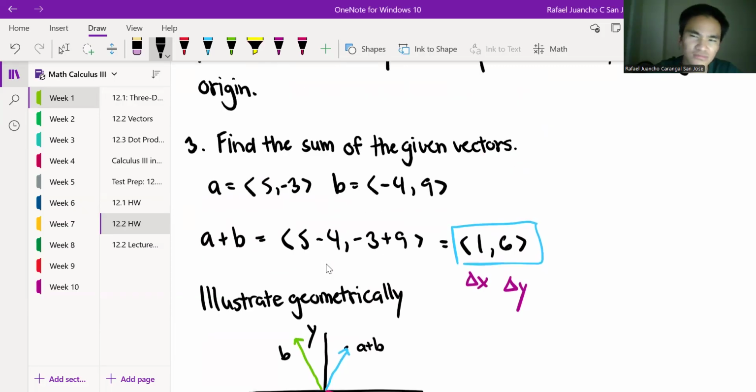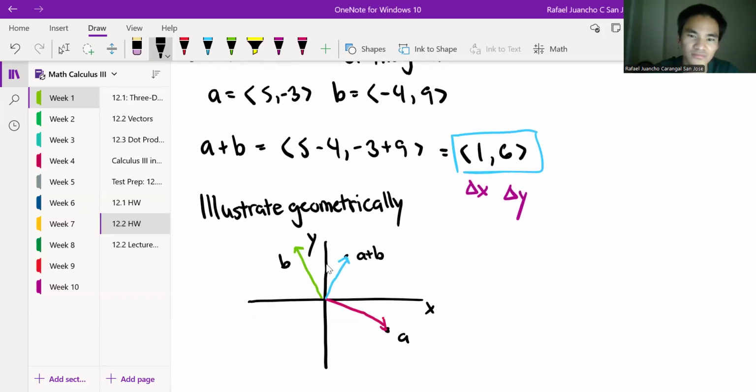Oh, yeah, now that I realized it, I actually don't know where A is going. Is it going the other way? Yeah, I just realized that. I don't know where it's going.